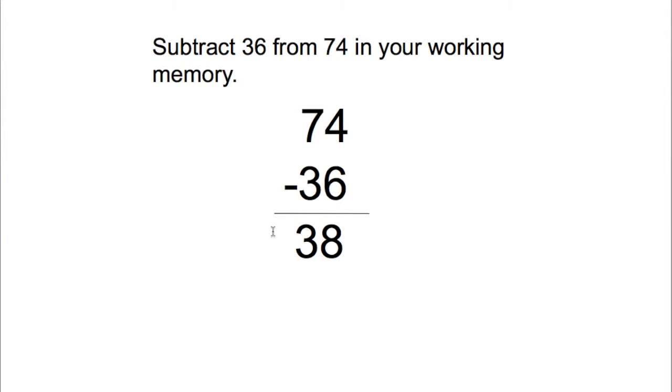You may have been successful at that, but this problem should definitely have been more challenging for you than the original problem. And one of the things that you might have noticed is maybe you closed your eyes to help you to think about that problem. And what happens when you close your eyes?